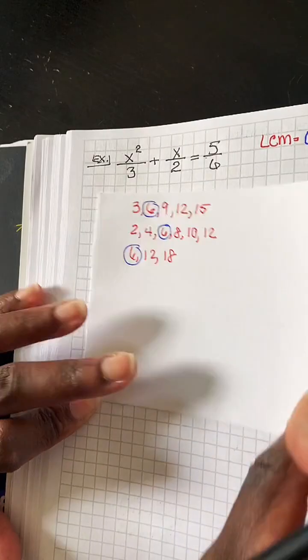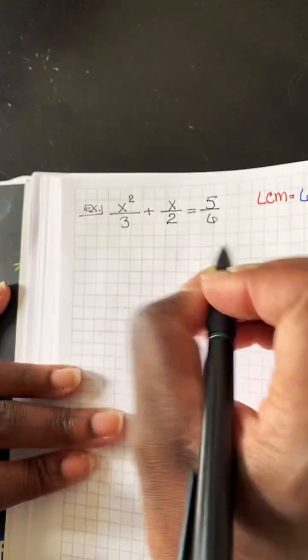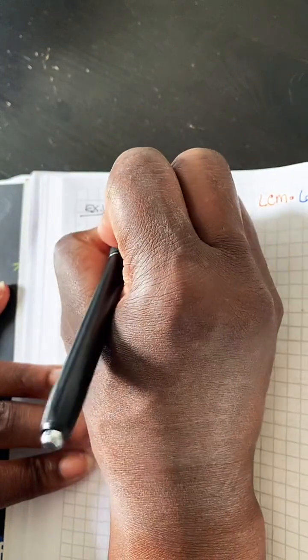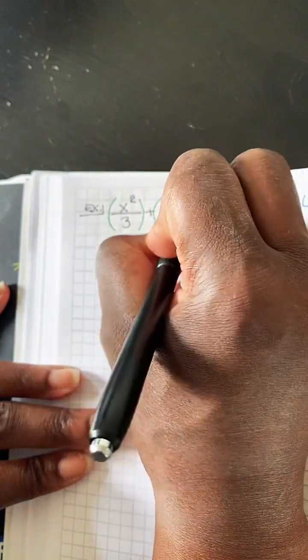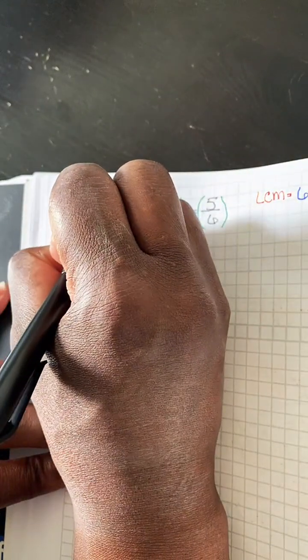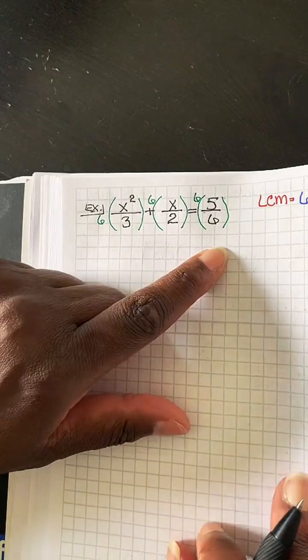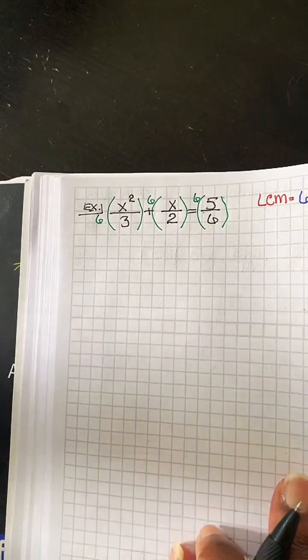So we're going to use that 6, and we're going to multiply all 3. I like to do it individually. That's just my thing. All 3 of these are going to be multiplied by 6. The reason why I do them individually is that I can't miss one.